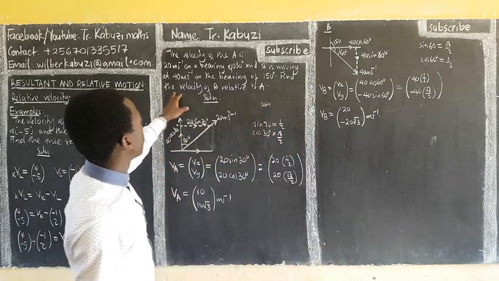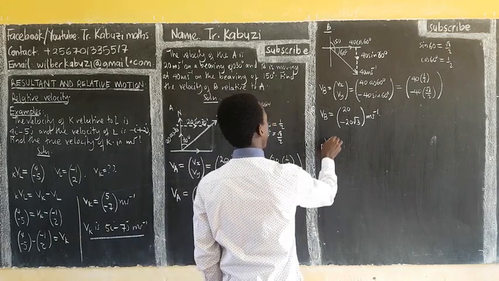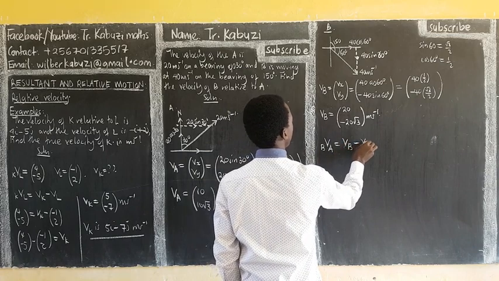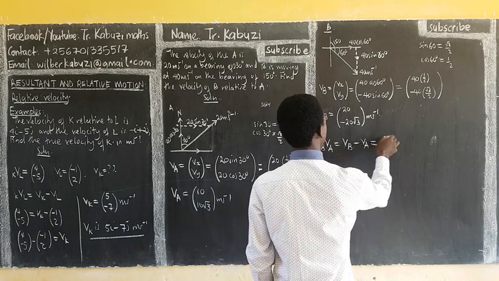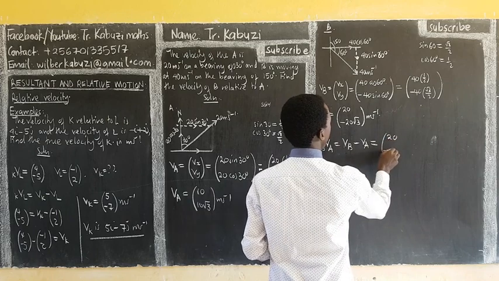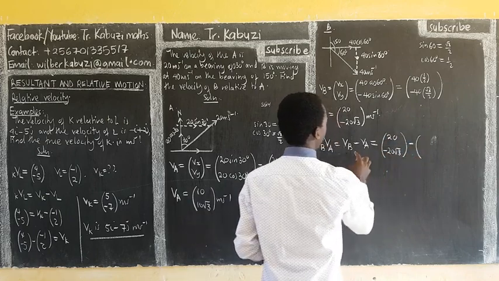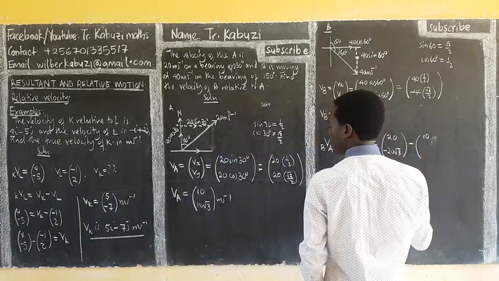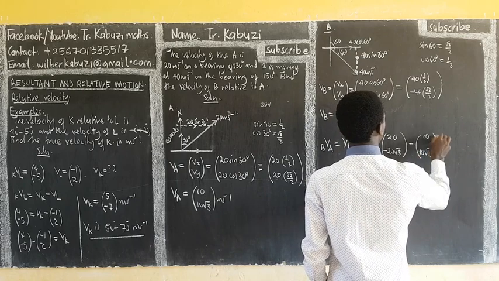Then they want us to find the velocity of B relative to A. It is given by velocity of B minus velocity of A. Substituting, the velocity of B is 20 minus 20 root 3, then minus velocity of A, which is 10 minus 10 root 3.